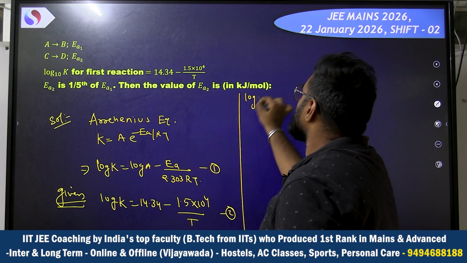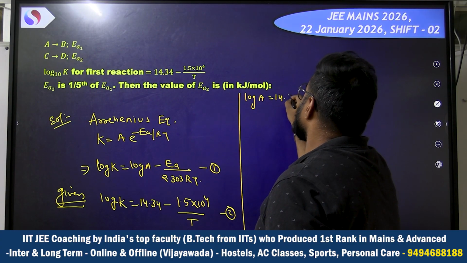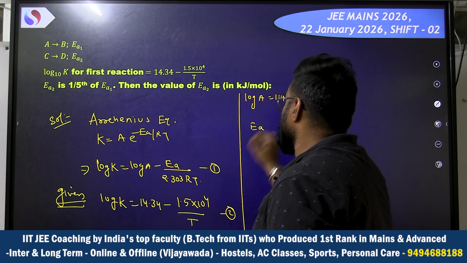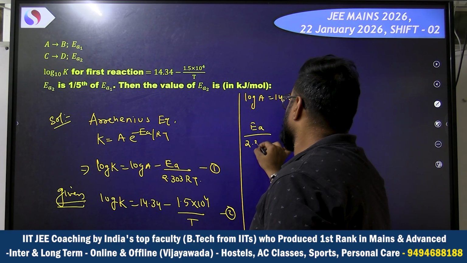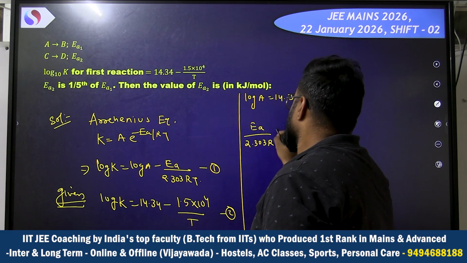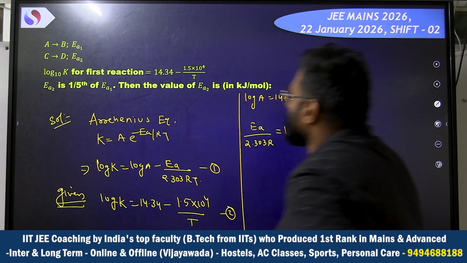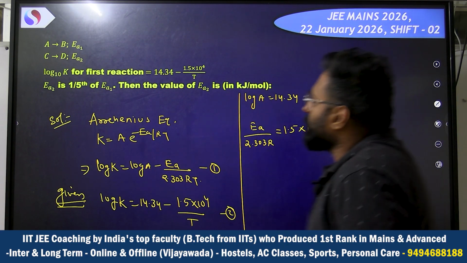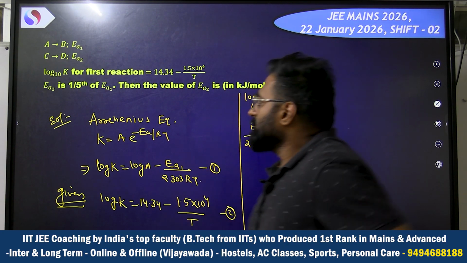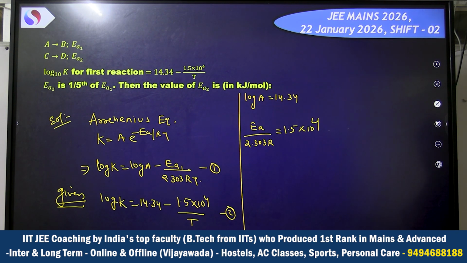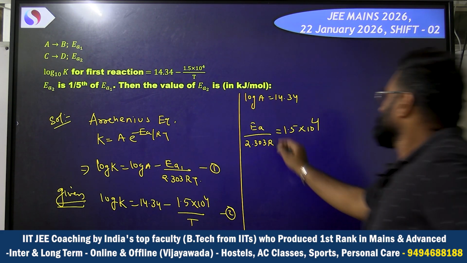Log A is 14.34 and EA by 2.303 R is equal to 1.5 into 10 to the power 4. This is for EA1.